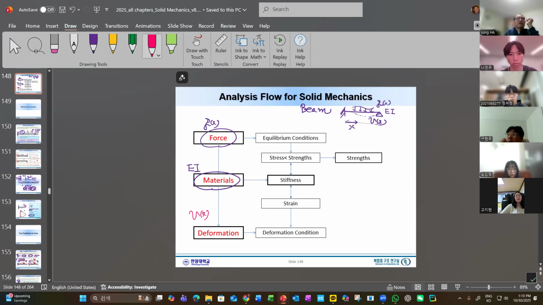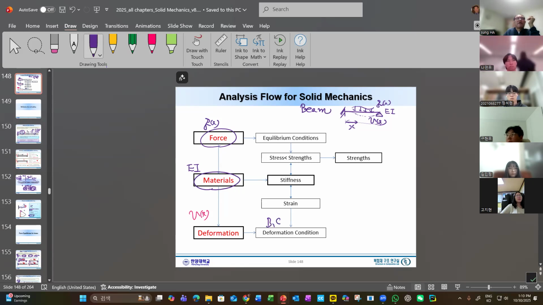Also, for the beam, we have deformation conditions, which means that on the left-hand side and the right-hand side, we have boundary conditions.